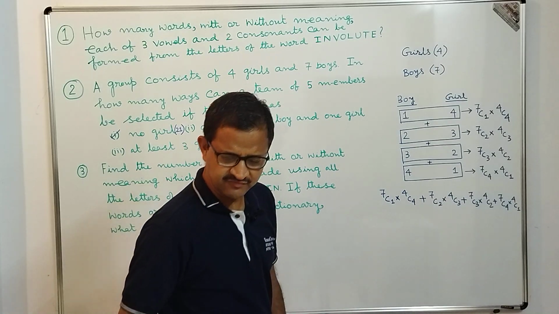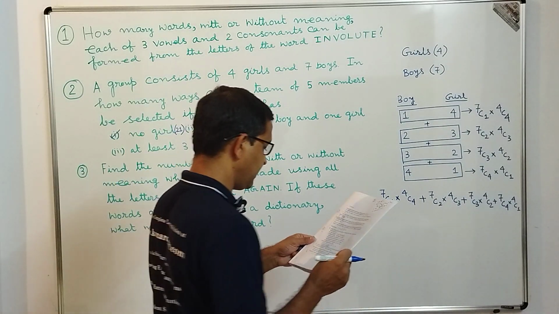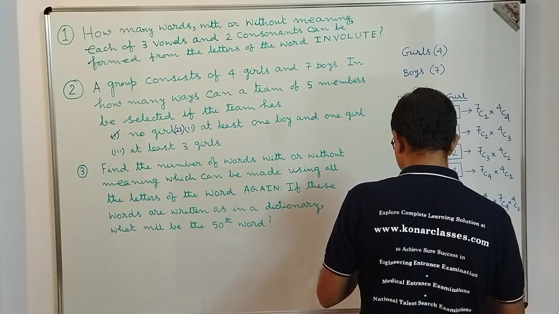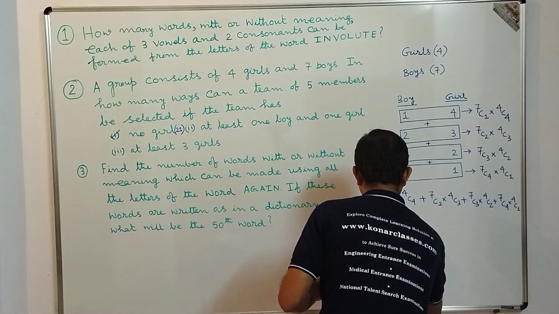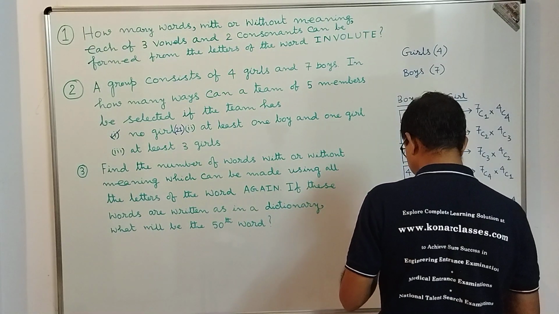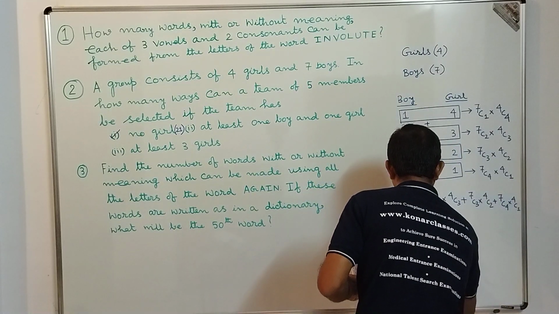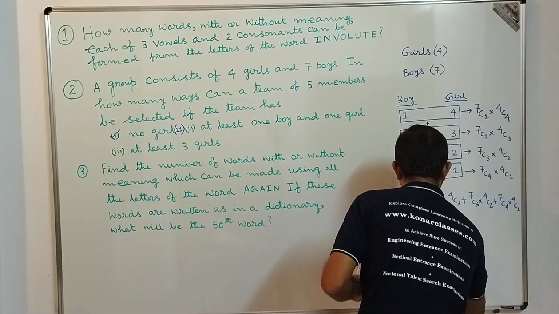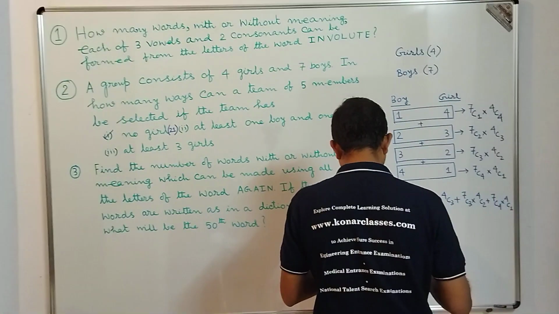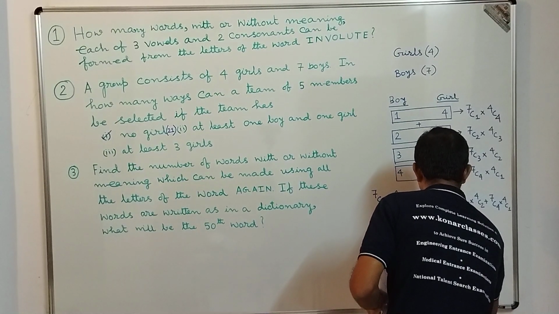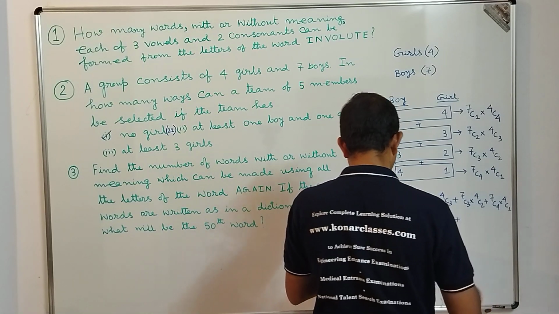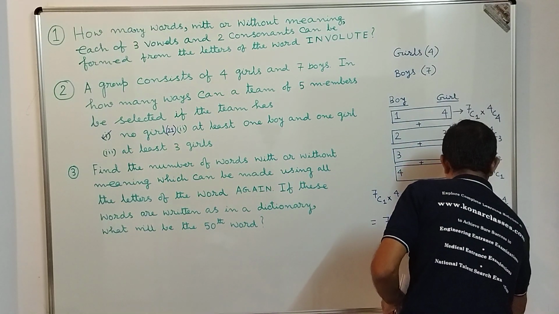Now you can compute the values. 7C1 and 4C4 give you 7, plus 7C2 and 4C3 give you 84, plus 7C3 into 4C2 gives you 210, and finally 7C4 and 4C1 give you 140.